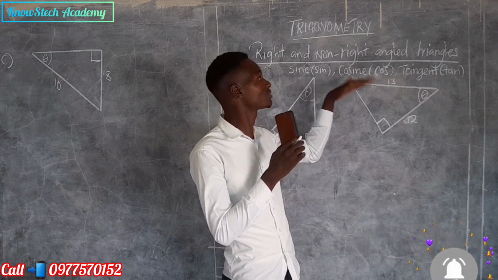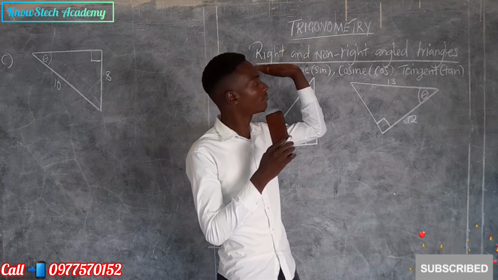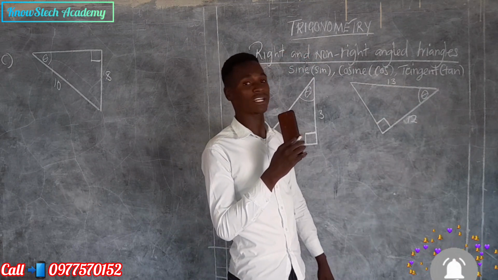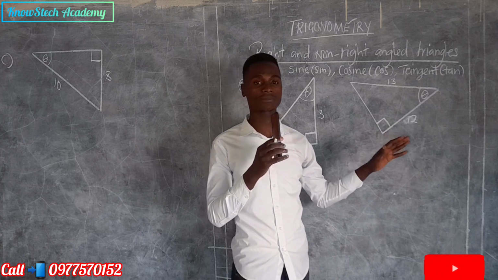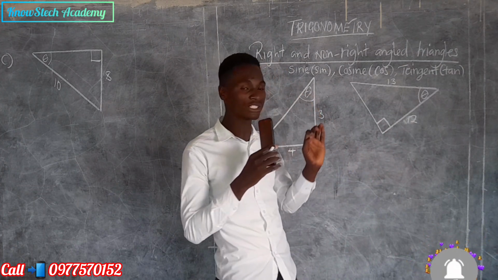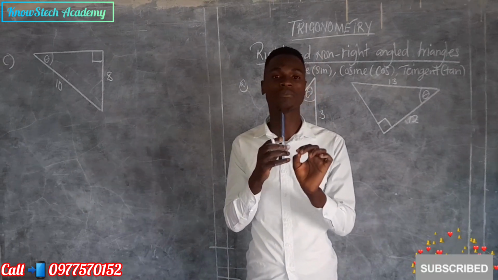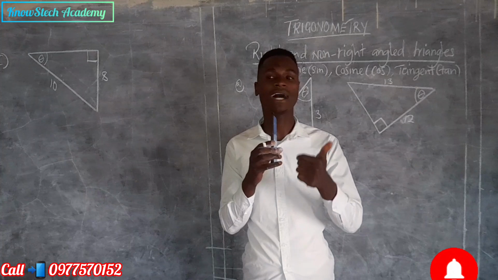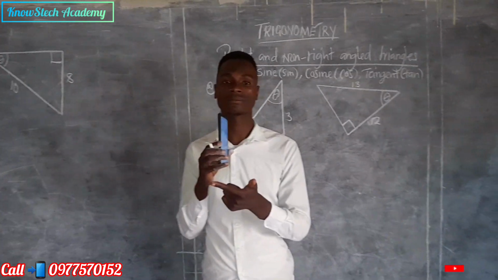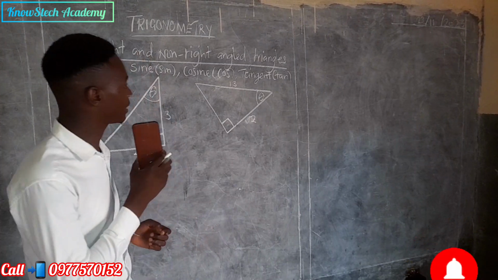You have calculus, you have trigonometry, you have sets, you have functions, you have variations and other branches. So, trigonometry is a branch of mathematics that deals with the relationship between angles and the sides.